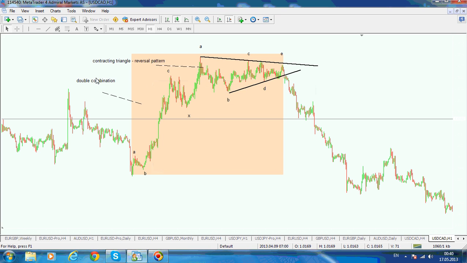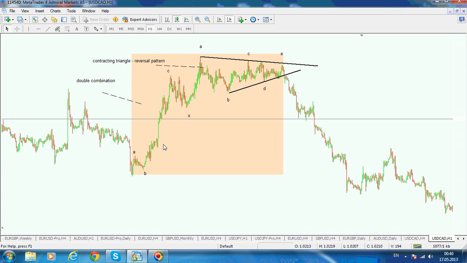Because it is formed out of two corrections. A, B, C is one correction. Then an intermediary X wave, and then a second correction, A, B, C, D, E. The second correction is our contracting triangle, and in this case it is a reversal pattern. Whenever you see a contracting triangle that breaks into the same direction that the price entered in the initial phase, it is part either of a double combination or of a triple combination.